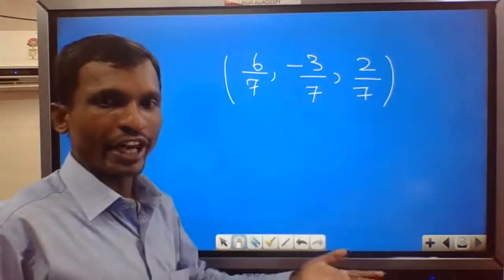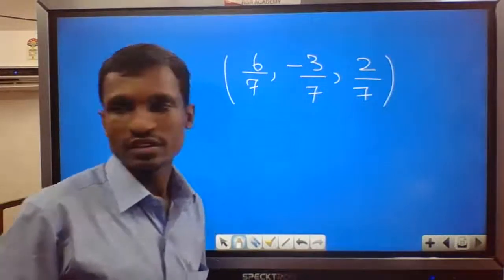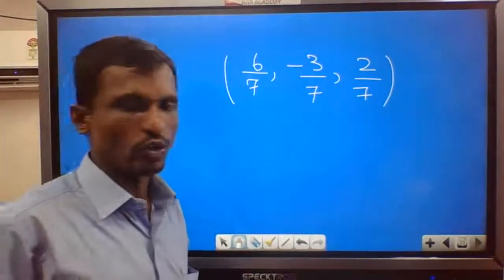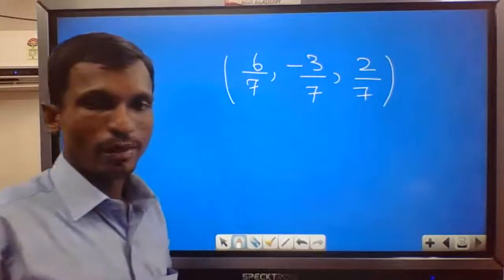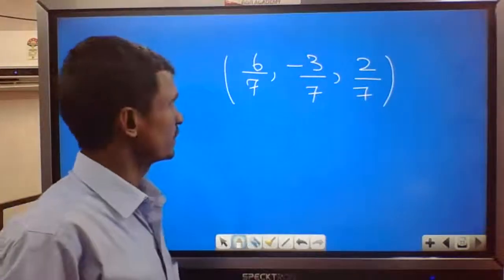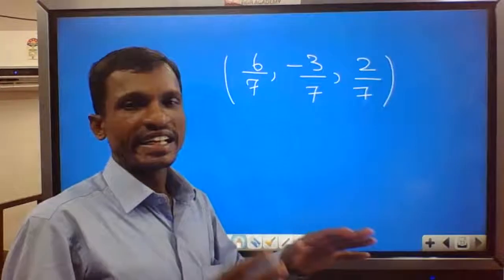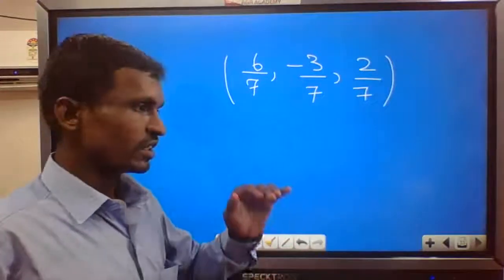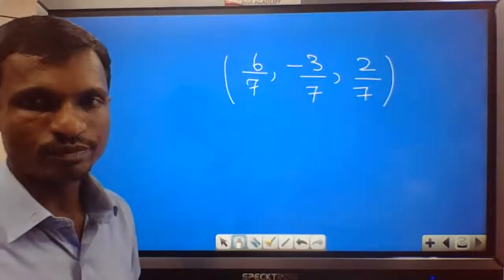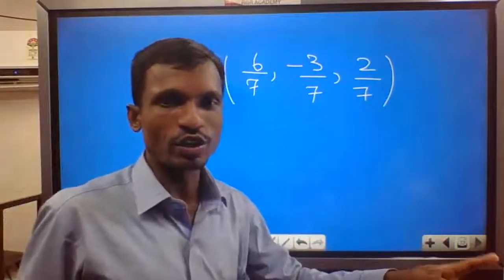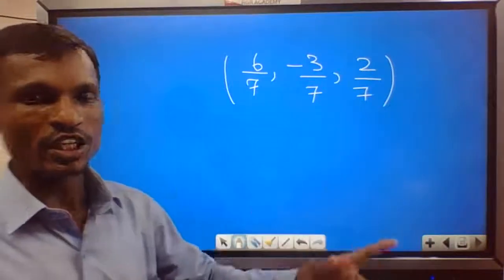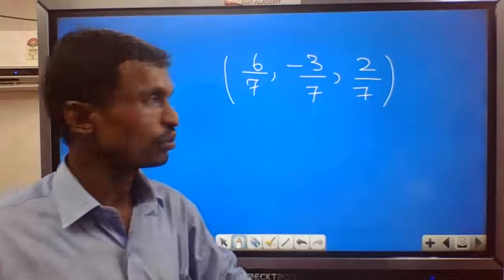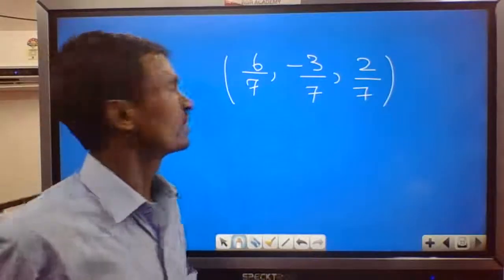So the root of x2 minus x1 whole square plus y2 minus y1 whole square plus z2 minus z1 whole square. We compare with the given three coordinates. x2 minus x1 equal to 6, y2 minus y1 equal to minus 3, z2 minus z1 equal to 2. So we are getting the answer 7.